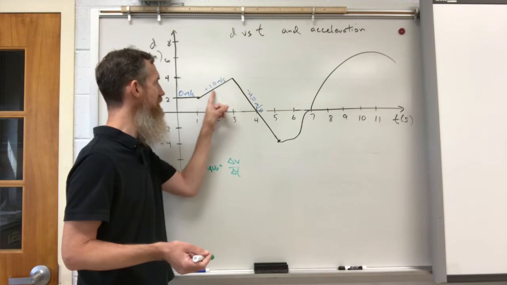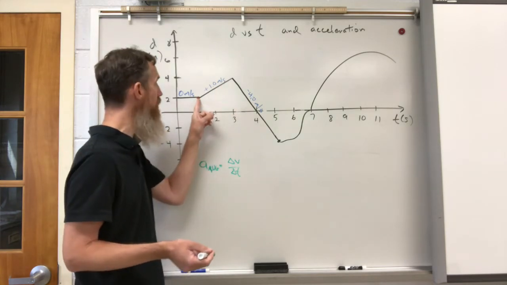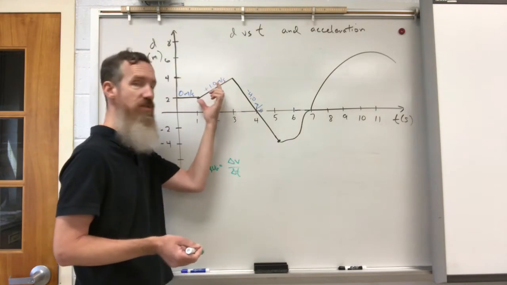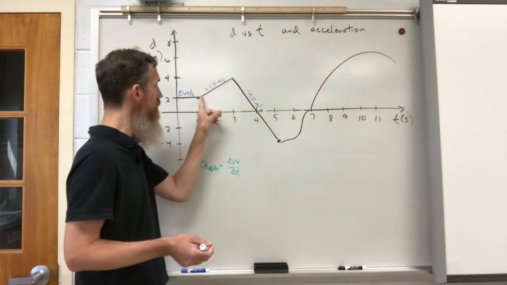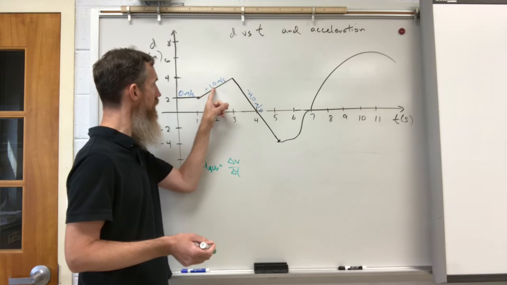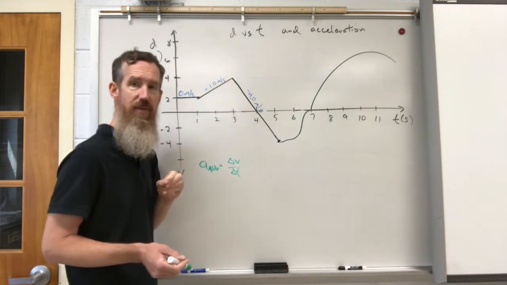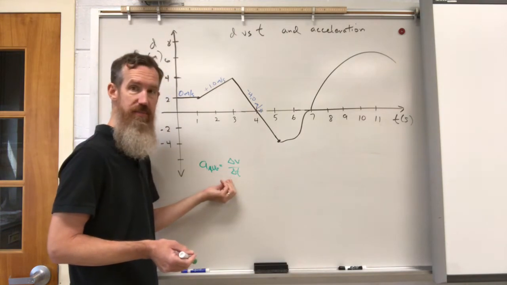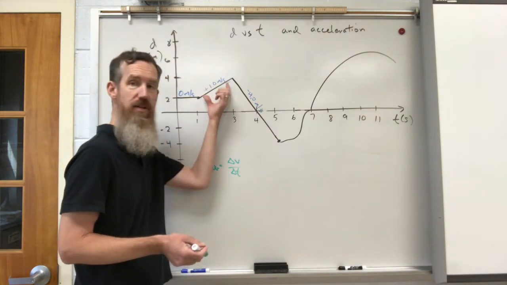The speed isn't changing because the slope isn't changing between 1 and 3. If the speed is constant, always 1 meter a second for every moment along this segment, there also would not be a change in velocity over time. You would have no acceleration on this segment.